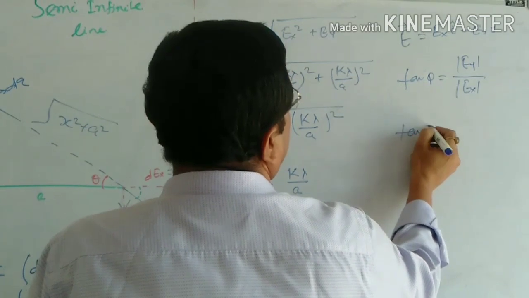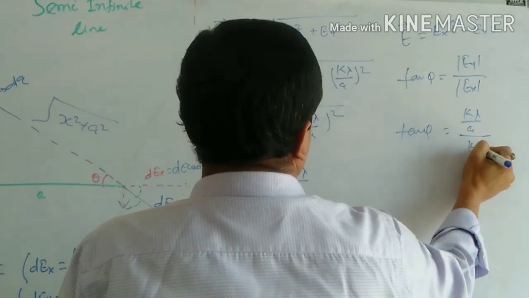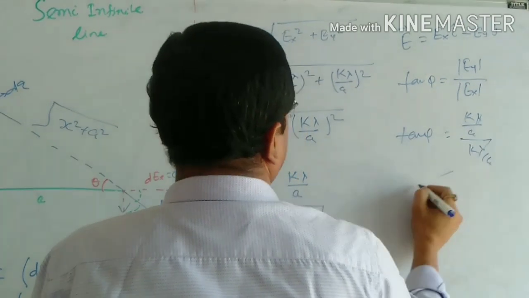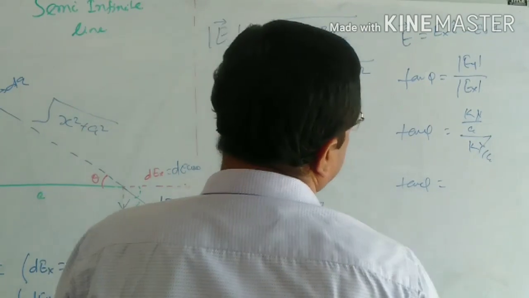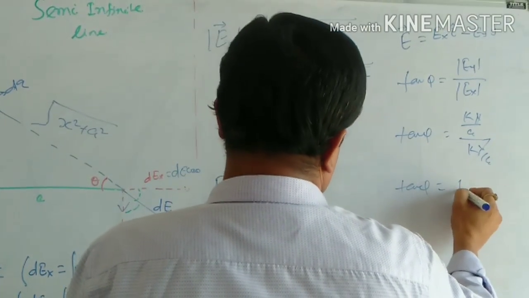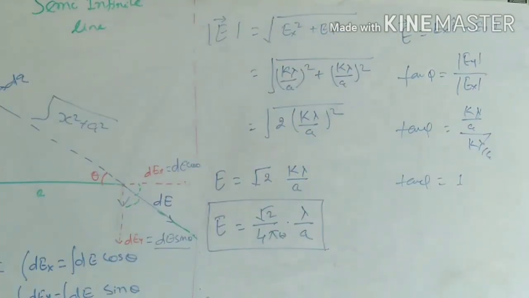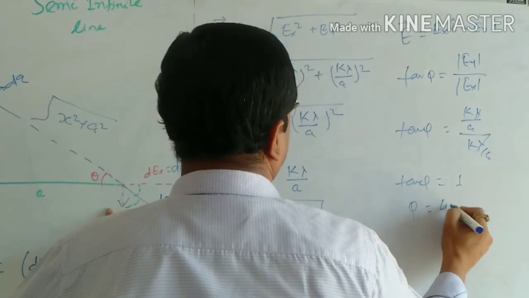So tan phi equals k lambda by a upon k lambda by a, that means it will cancel out. So tan phi equals 1. So phi equals 45 degrees here.